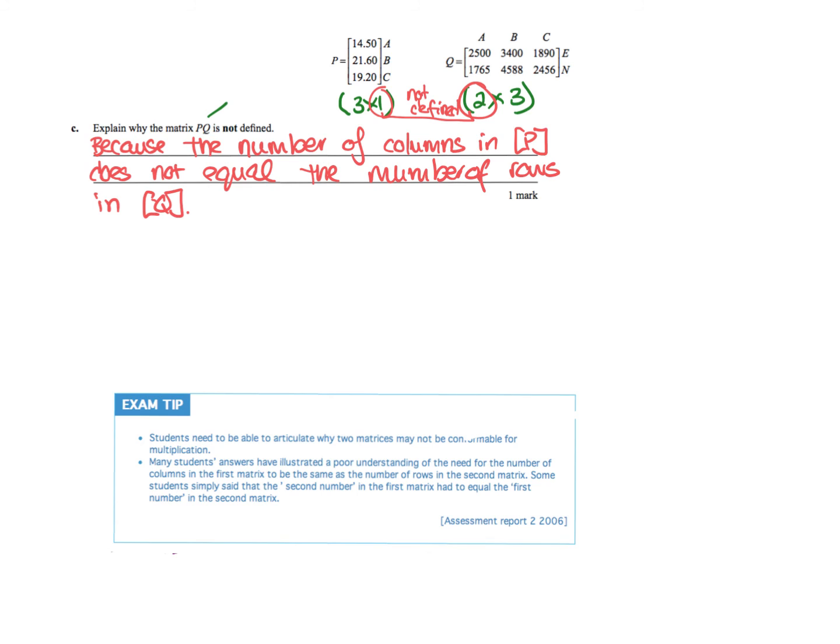There's no half marks in maths now. It's either right or wrong, you get 1 or you get 0. So a little bit wrong, 0.